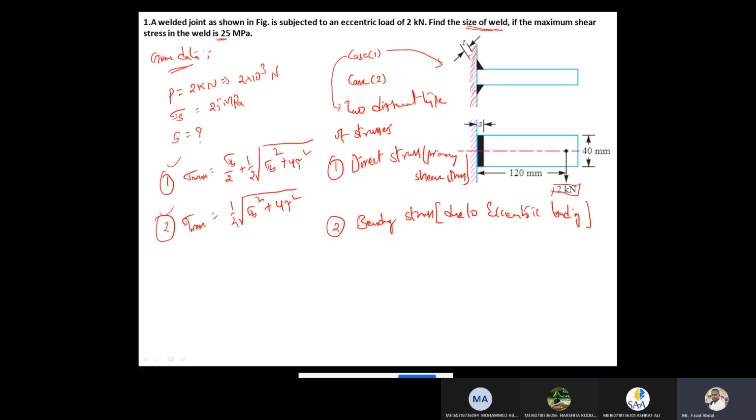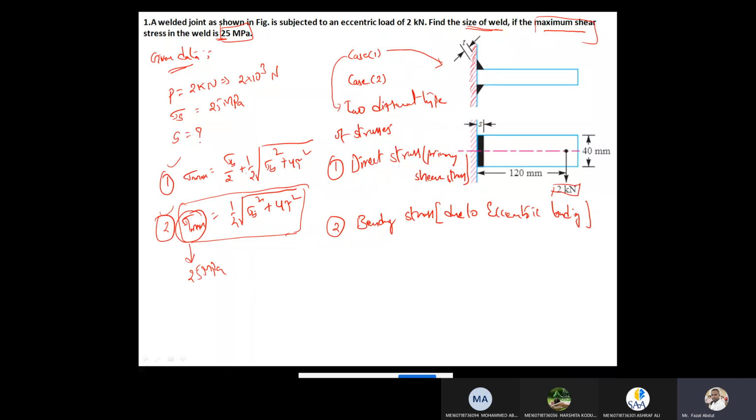Which theory of failure do we need to consider here? Read the question properly. The maximum shear stress in the weld is given as 25 megapascal, so we need to consider the maximum shear stress theory, and that is why I am selecting this equation.